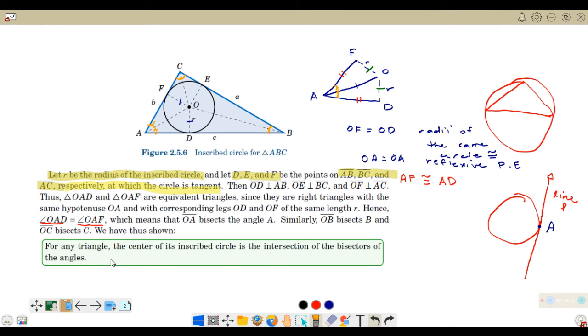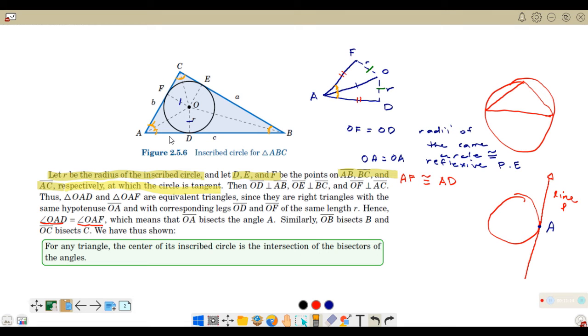So for any triangle, the center of its inscribed circle is the intersection of the bisectors of the angles. This is very helpful when you are trying to construct a circle inside your triangle. All you have to do is draw your triangle, following the dimensions that your triangle requires.